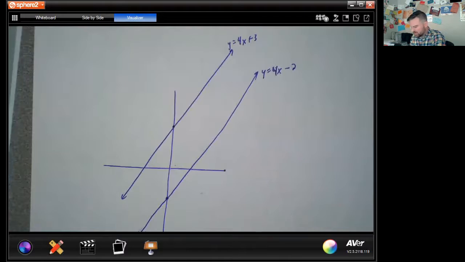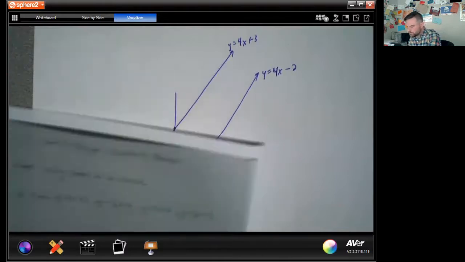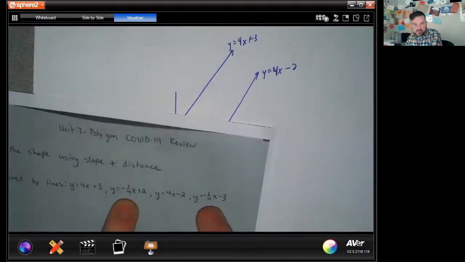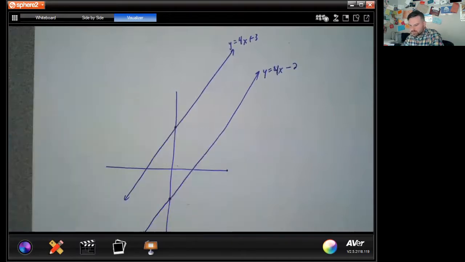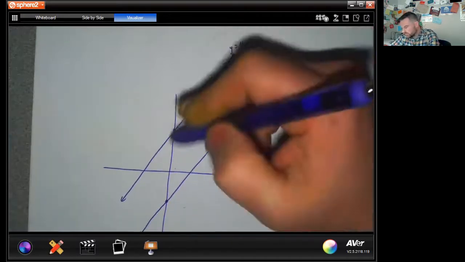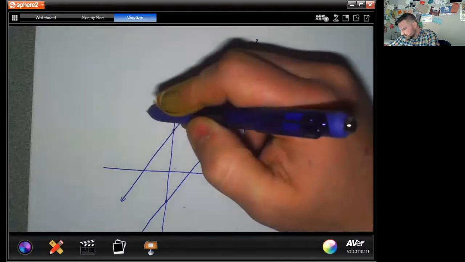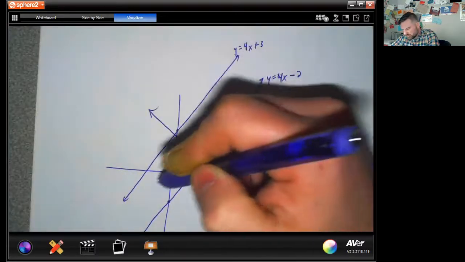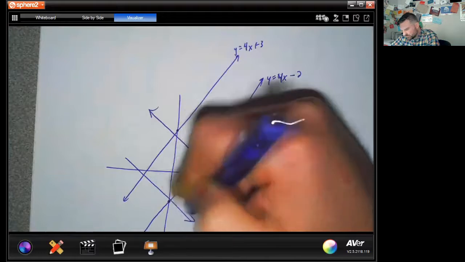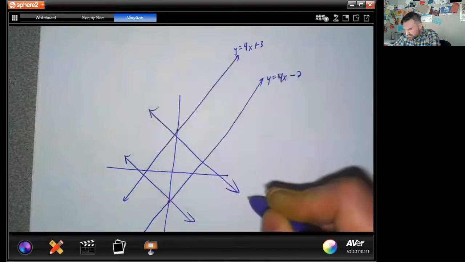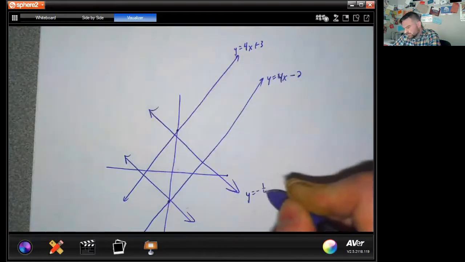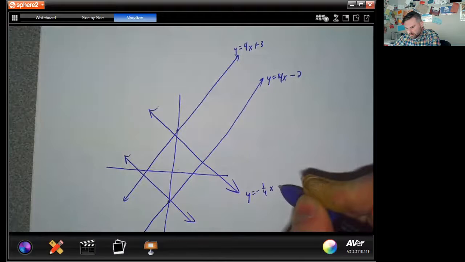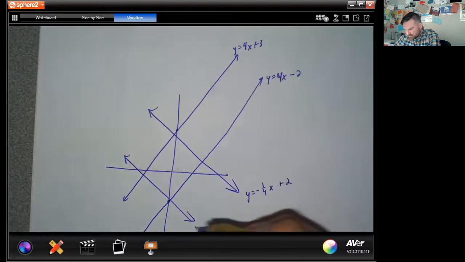And if we look at the other two, they also have the same slope of -1/4. One is at 2, one might be right here, and the other one might be down here. So this is y equals -1/4 x plus 2, and y equals -1/4 x minus 3.